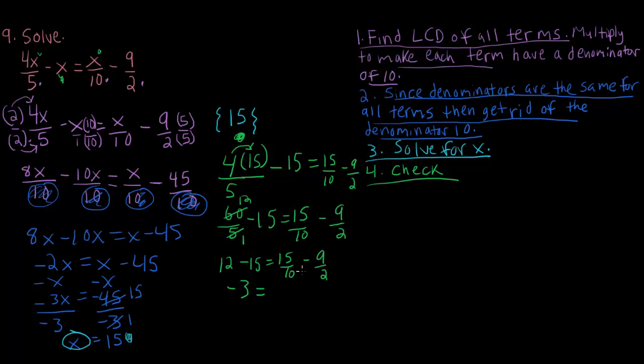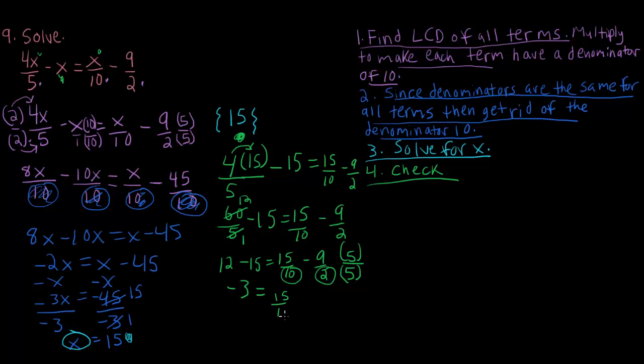And then right here we want to find the LCD of 10 and 2. 10 is the highest, 2 goes into 10 5 times, so we want to multiply the numerator and the denominator by 5. That way we get the same denominator and we can actually subtract these fractions.